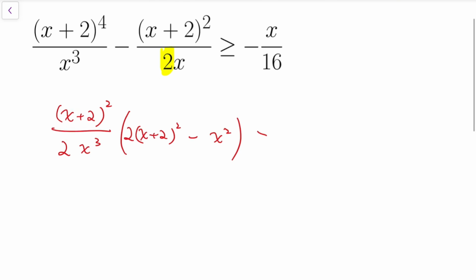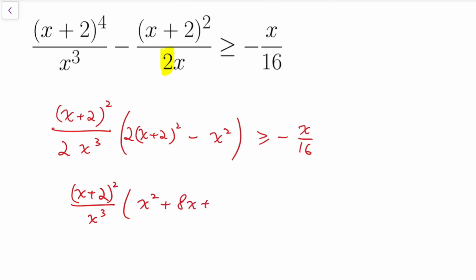So these are the terms inside the bracket, and the product is larger than or equal to minus x over 16. Then I'm going to simplify the bracket on the left, which gives 2x squared minus x squared, so that's x squared plus 4x plus 4 doubled, and that's 8x plus 8.